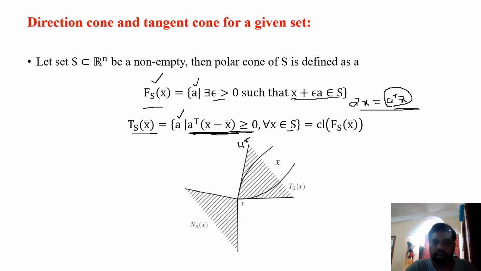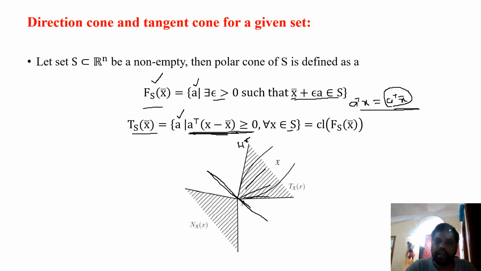Here you can observe the graph. This is x bar. With respect to x bar, take all these directions, and take any direction. If you take any direction and define a supporting hyperplane by considering that direction as a normal, then definitely you will get one perpendicular to this, like this one.